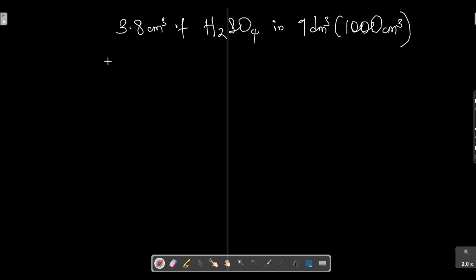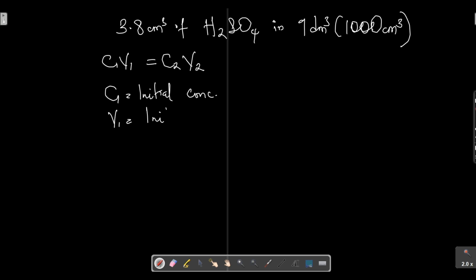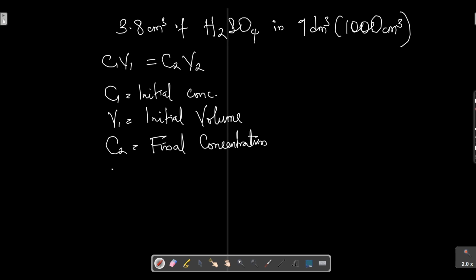You use the dilution formula, which is C1V1 = C2V2, where C1 is your initial concentration, V1 is your initial volume, C2 is your final concentration, and V2 is your final volume.